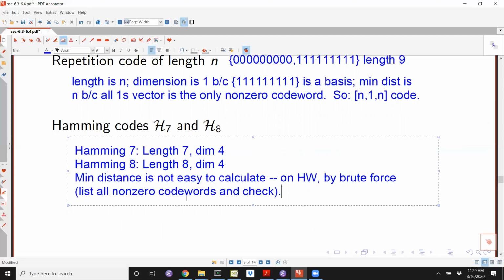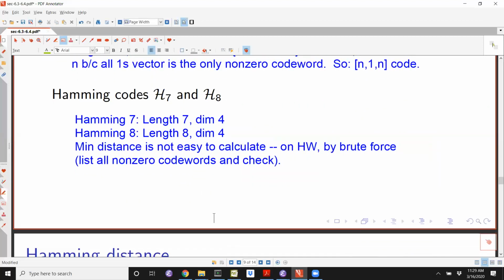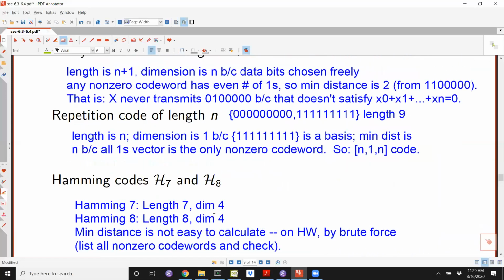NP might as well stand for not possible. It's a computationally very difficult problem, so the brute force is going to be mildly annoying, but it's okay.